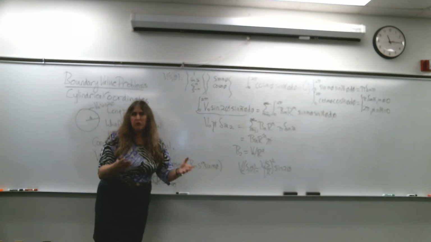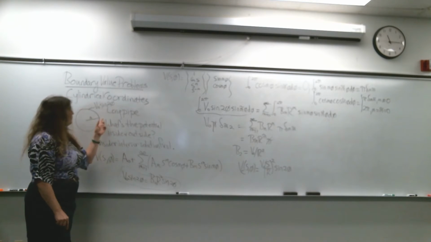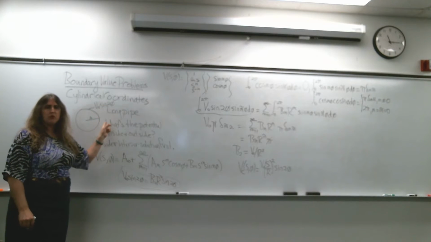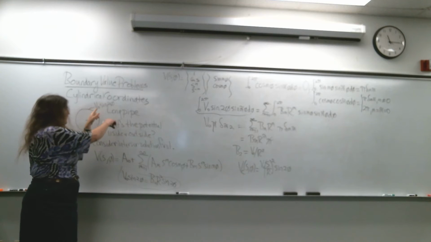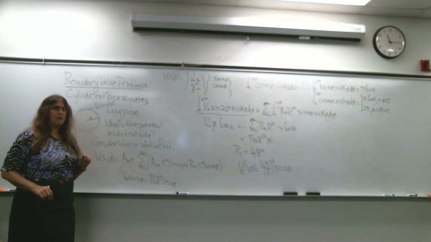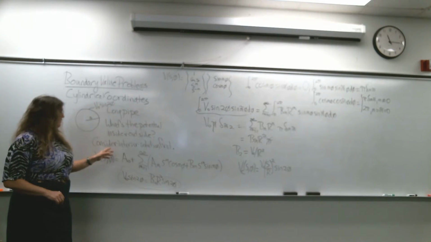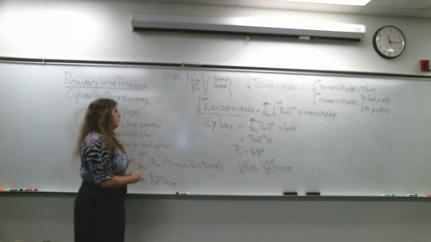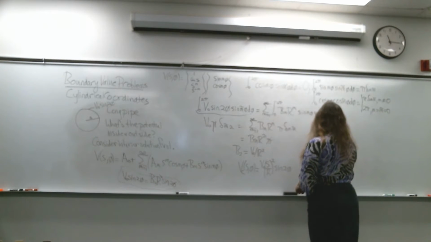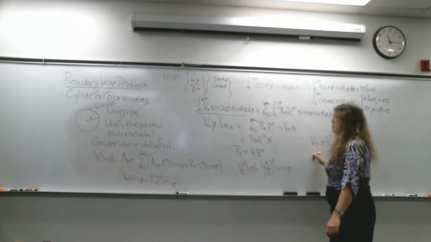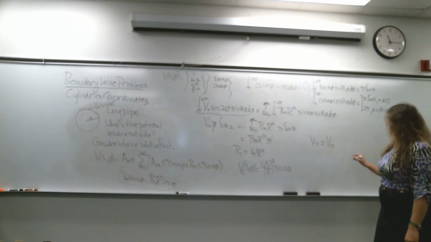But now that you know the trick, and if you have a potential that's set to some simple form like that, all you have to do is look for some linear combination that has that same form, okay? That being said, if we want to figure out what the exterior solution is, I know it's going to have to be proportional to v naught sine 2 phi.